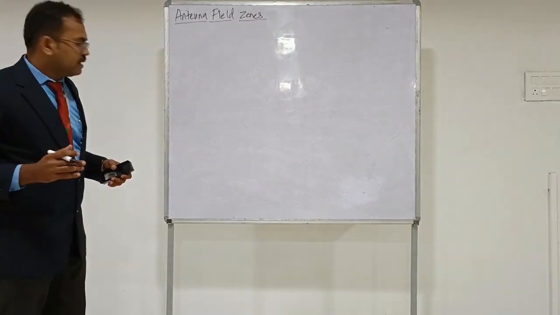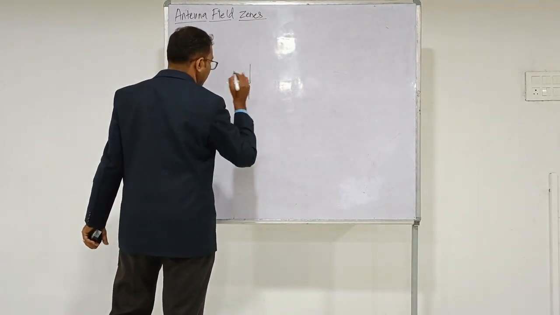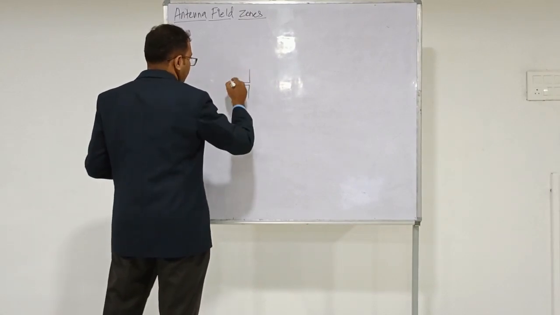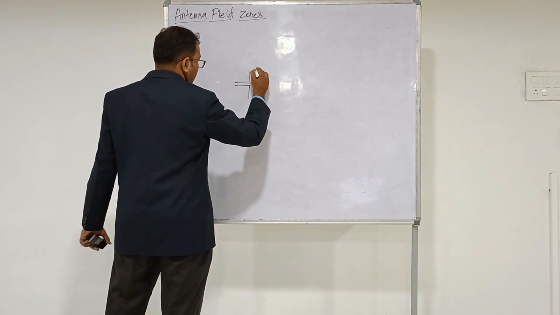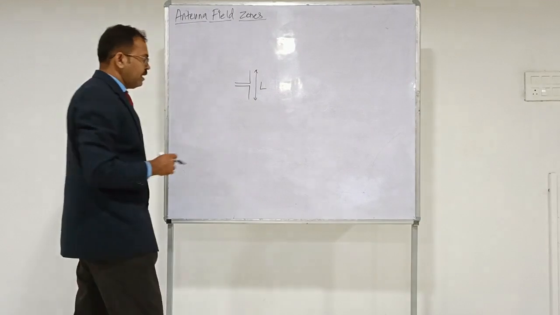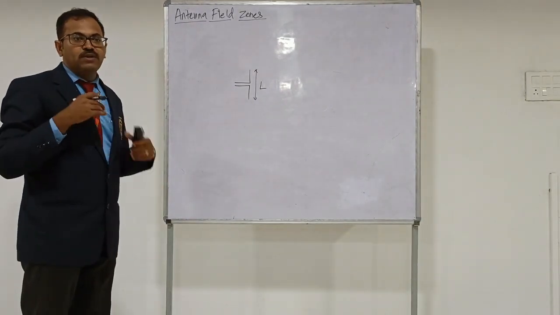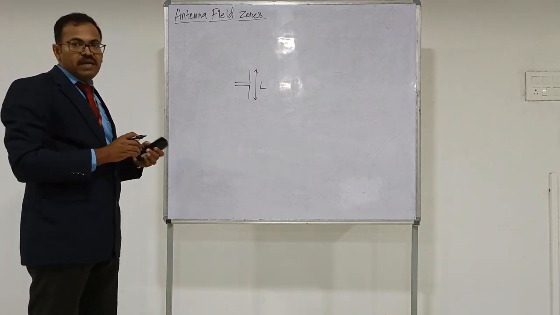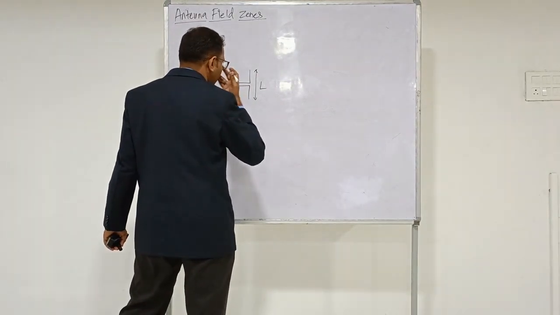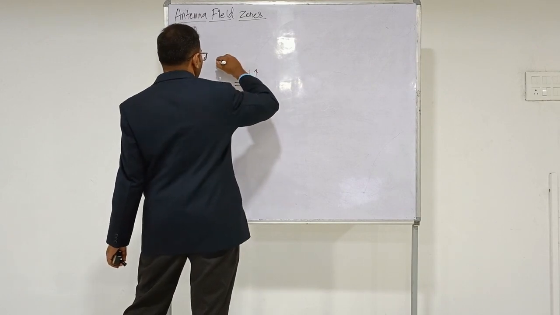So let me consider a basic antenna. Let this be an antenna, right? And L is the length of the antenna. Right? So L is length of the antenna. Okay. So we are actually trying to draw a sphere around the antenna, right? With a radius R. So let me draw a sphere around this antenna.